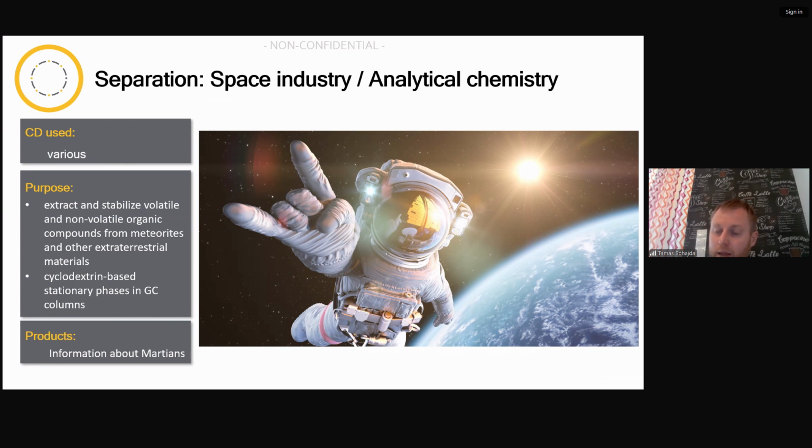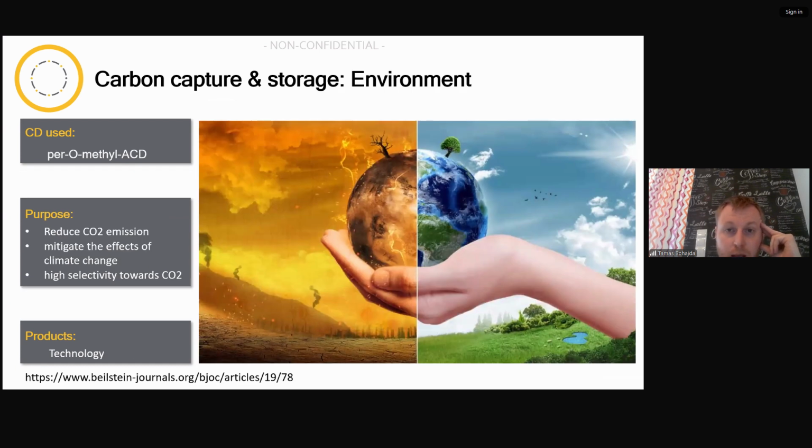And usually when they do this kind of analytics, they are looking for amino acids because it's hypothesized that these are the building blocks of any kind of complex living system. And usually cyclodextrins are used in the analytical tools of such equipment for the separation of different components of high similarity. So on a lot of Mars missions, cyclodextrins are also used as analytical tools.